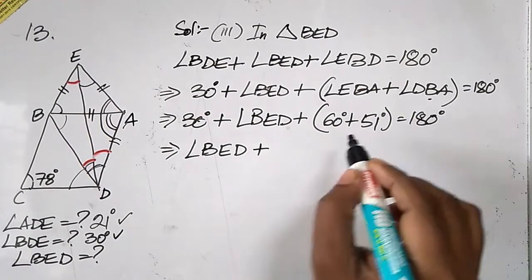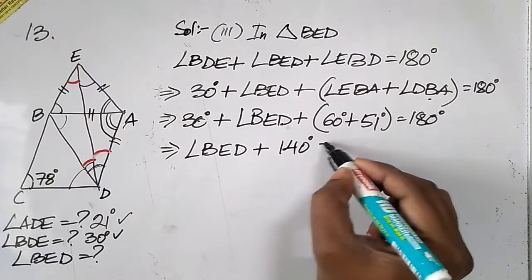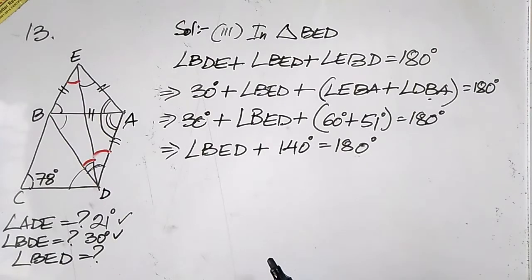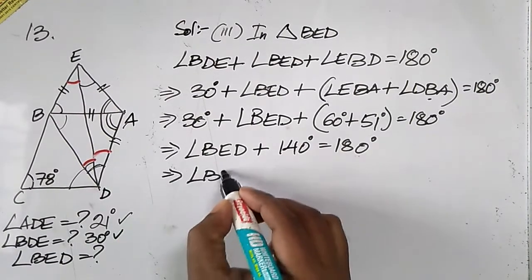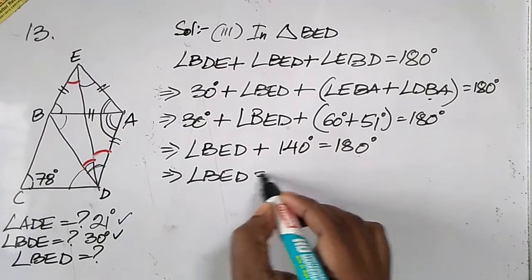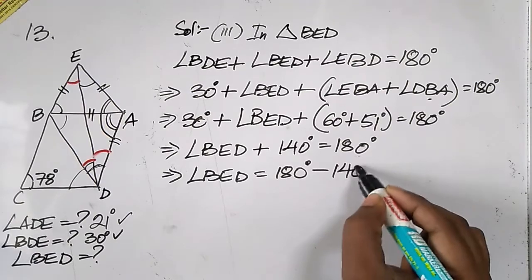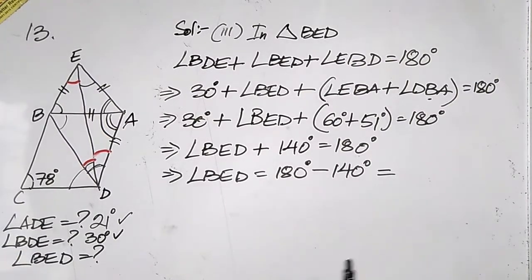And 111 plus 30 is 141 degrees is equal to 180 degrees. Let's simplify this. Angle BED is equal to 180 degrees minus 140 degrees. Now when you subtract this, how much will you get? 40 degrees, right?